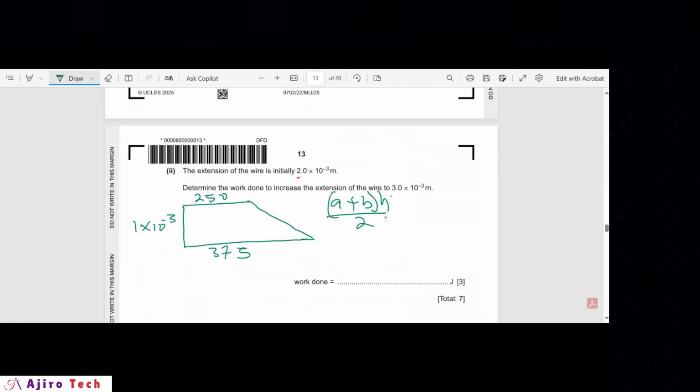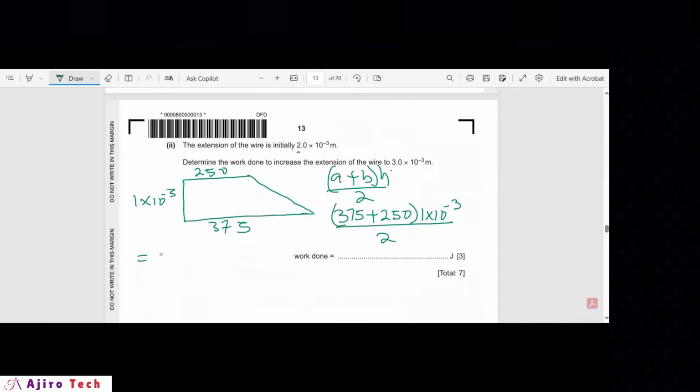Right under the graph. So that will give me 375 plus 250, then bracket 1 exponential minus 3, then everything over 2. Let's see what it gives from the calculator. 0.3125.